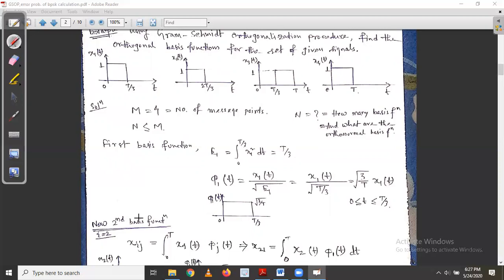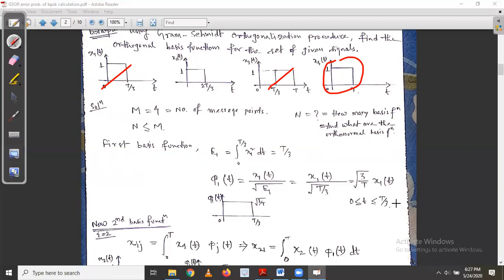After that, one thing you see in the given signals is that the addition of these two will give you this one. How? Very simple.